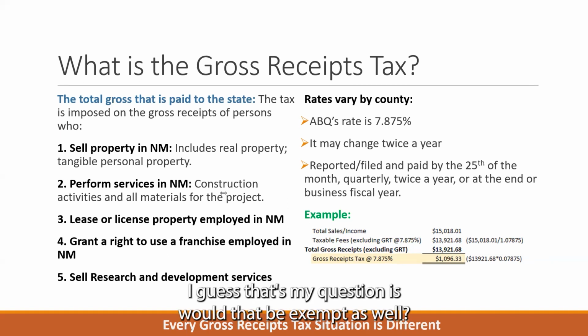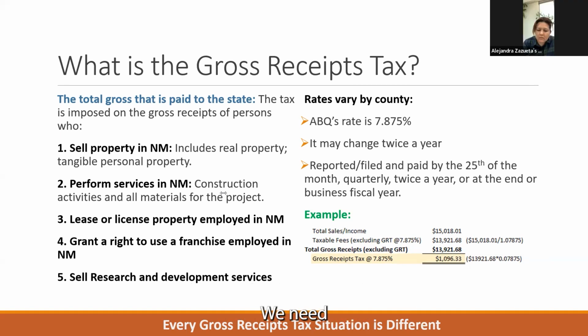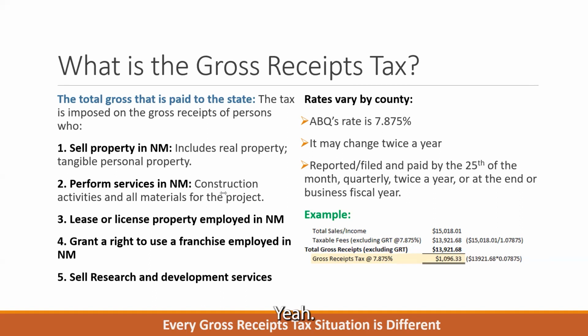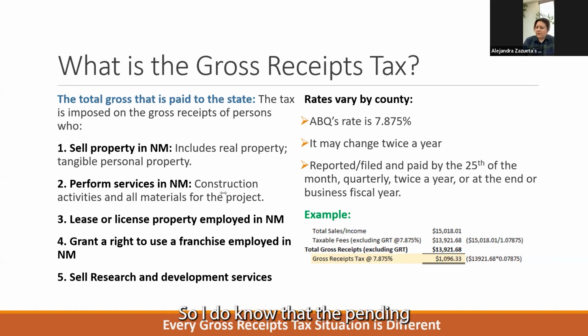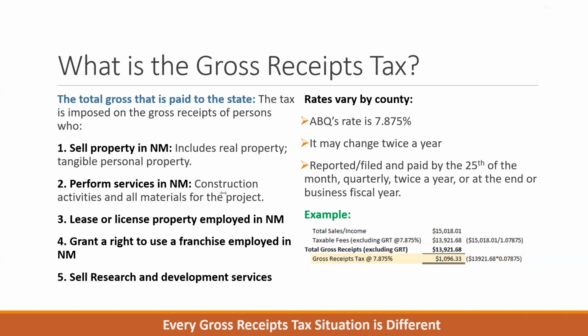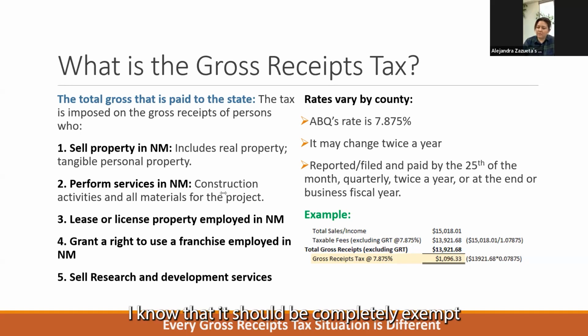I guess that's my question, is would that be exempt as well? So I do know that depending on areas of where you farm, I know that it should be completely exempt from what I read.